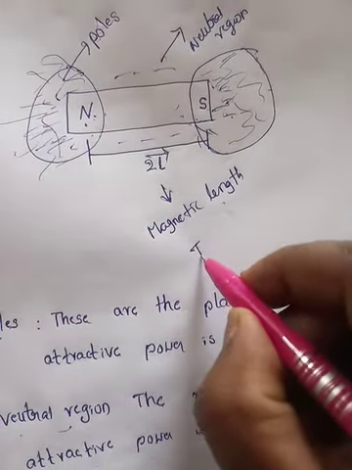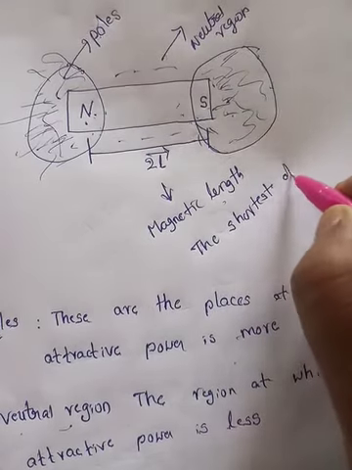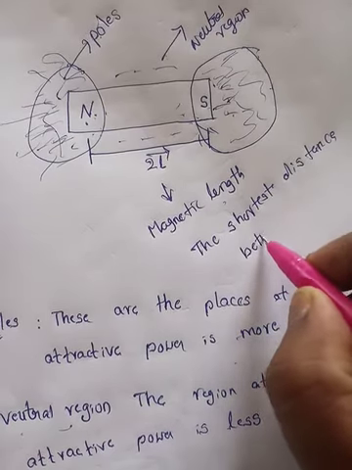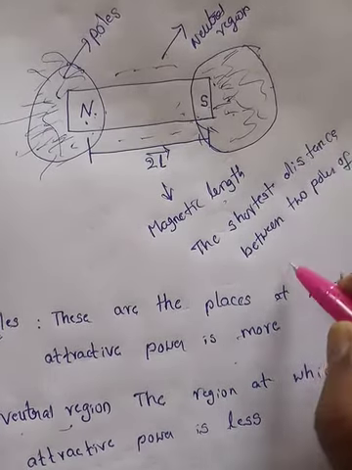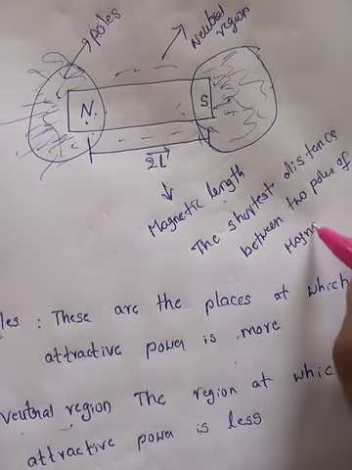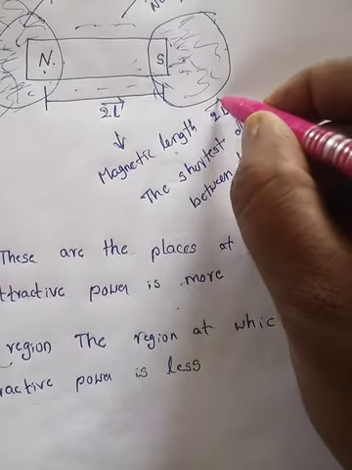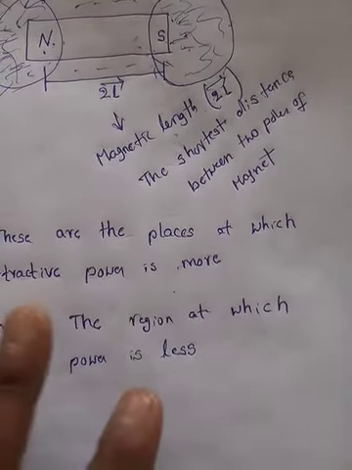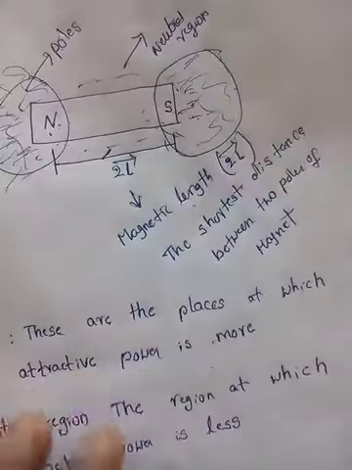What is magnetic length? The shortest distance between two poles of a magnet is called magnetic length. Here we represent it as 2L vector. It is a vector quantity whose direction is from where to where?